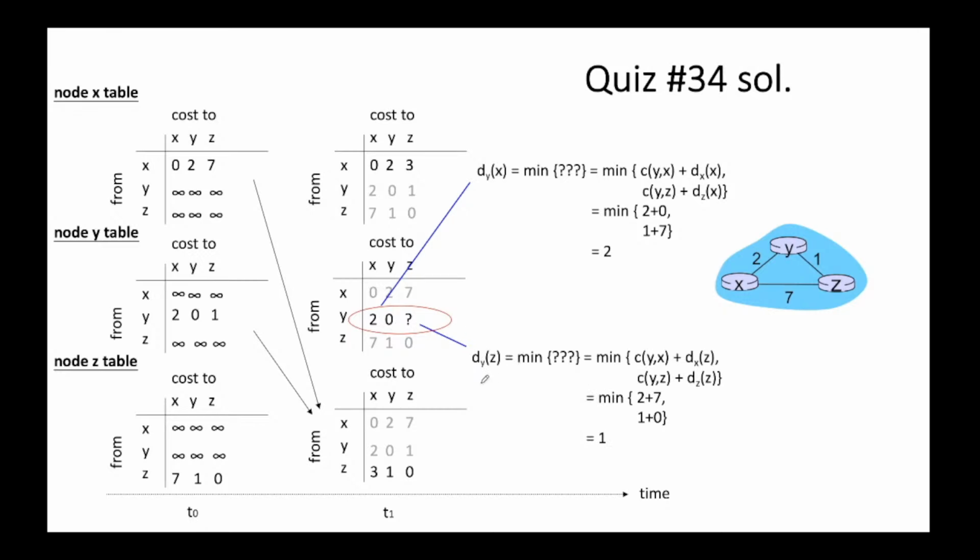The second entry in the distance vector of Y is DYZ. Again, starting from Y, going to the final destination Z. We'll have to try through both neighbors. First neighbor being X, link cost from Y to neighbor X is 2. The shortest distance from X to the final destination Z, DXZ.